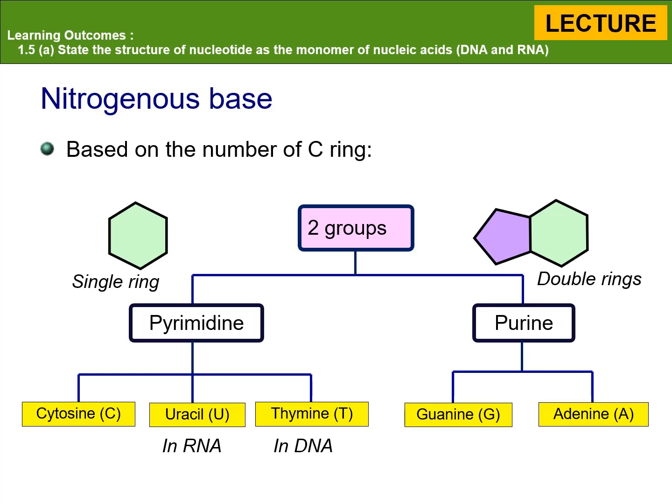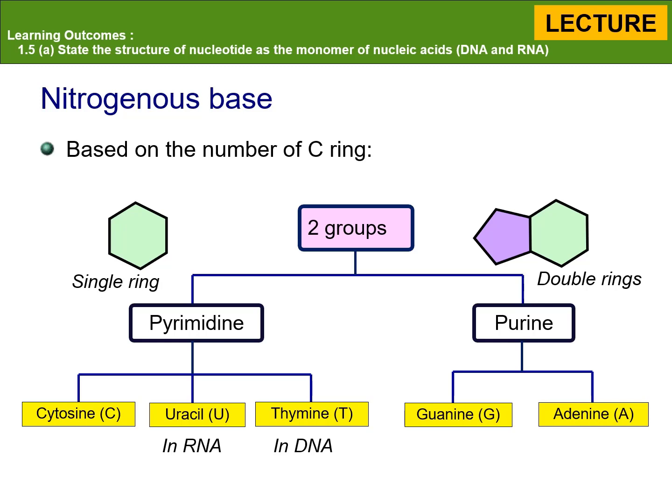Another component of nucleotide is the nitrogenous base. There are two groups of nitrogenous base. Number 1, pyrimidine. Number 2, purine. They are grouped based on the number of carbon rings. Pyrimidine has a single carbon ring, whereas purine has double carbon rings.